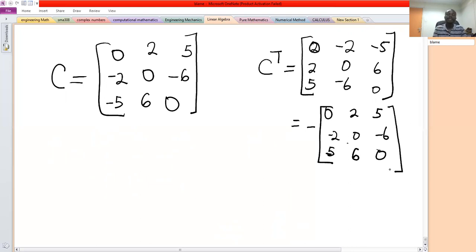And you see, this is what defines C. So it means that the transpose of C is the same as -C. And this is one of the conditions that should be satisfied for skew symmetric. And since already all these elements along the main diagonal are zeros, then this is skew symmetric.